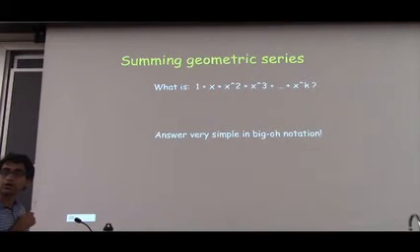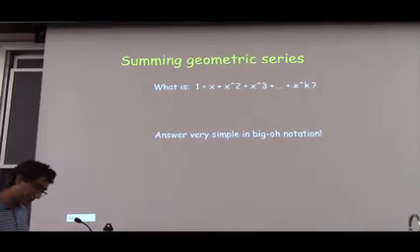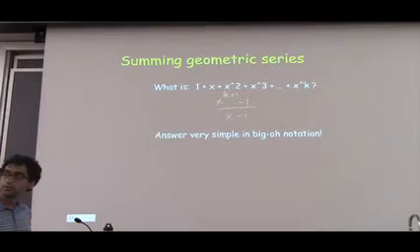Does everybody know how to sum such series? Maybe some of you don't remember the answer, but all of you have seen it, right? Okay, so it turns out it's x to the k plus 1 minus 1 divided by x minus 1. Very easy to derive.